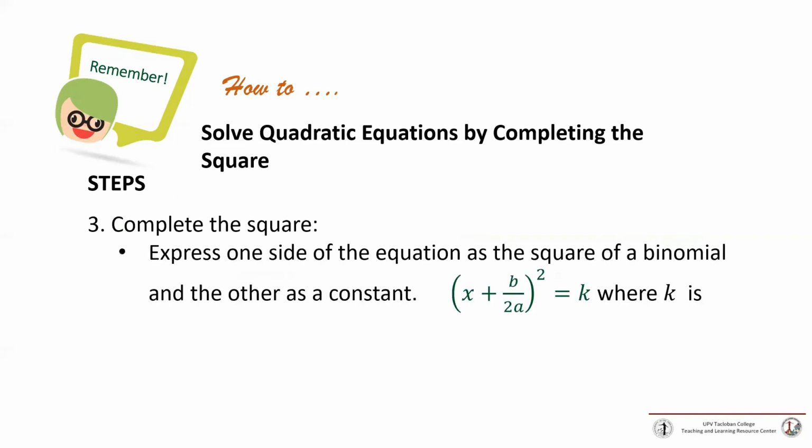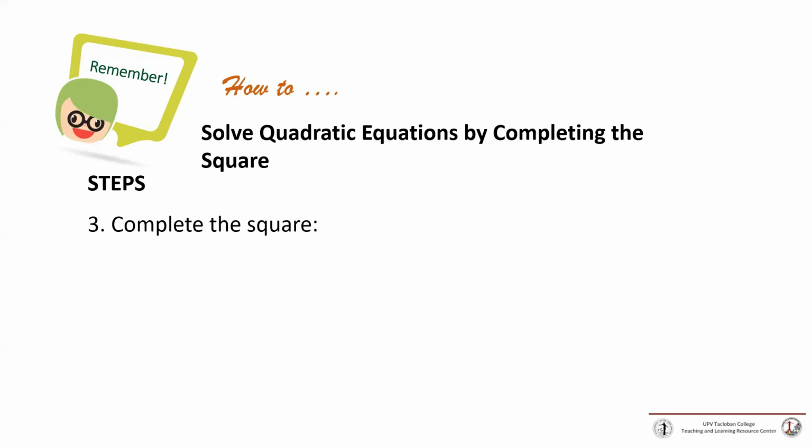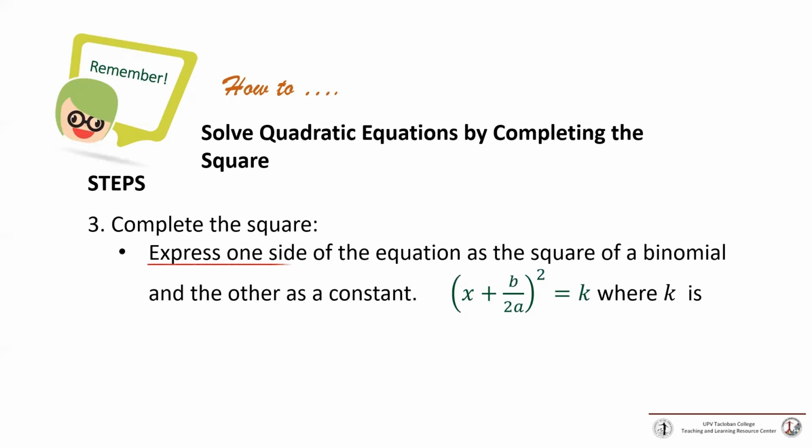And then after this, you complete the square. That is, you express one side of the equation as the square of a binomial and the other as a constant. Since you already have a quadratic expression on the left side, you can rewrite that into the quantity x plus b over 2a squared is equal to k.